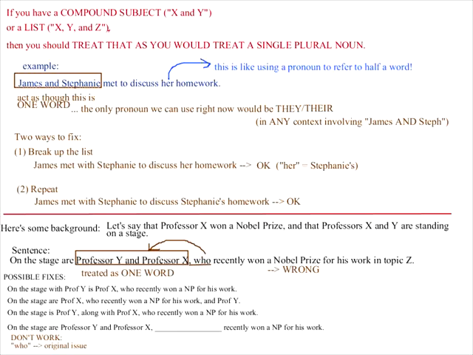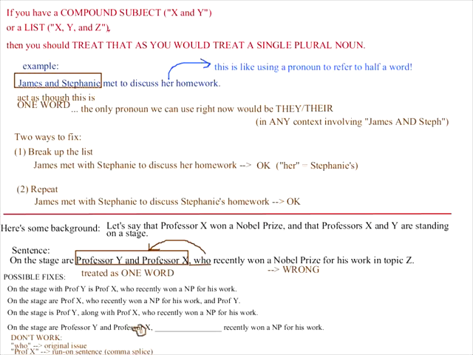You can't put Professor X because that is a run-on sentence, also known as a comma splice. It doesn't matter whether there's a comma or not because this is still considered one word. Even with a comma or without a comma, it still doesn't work.